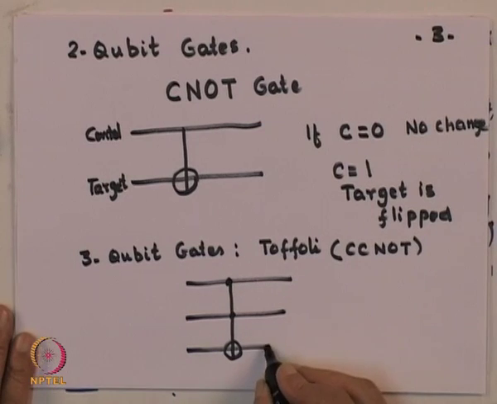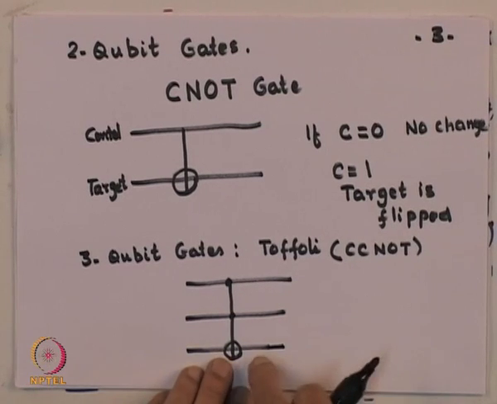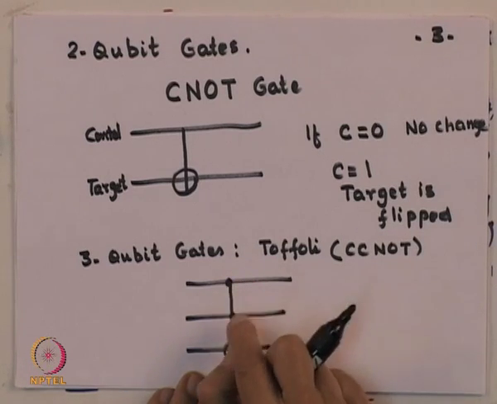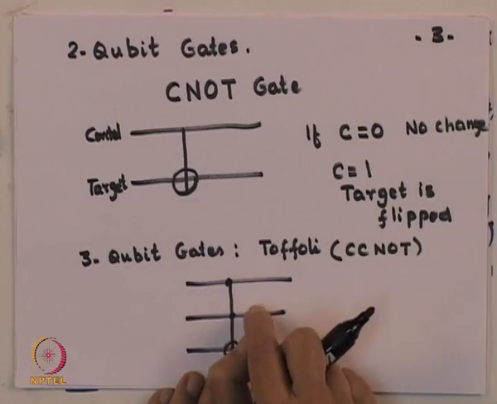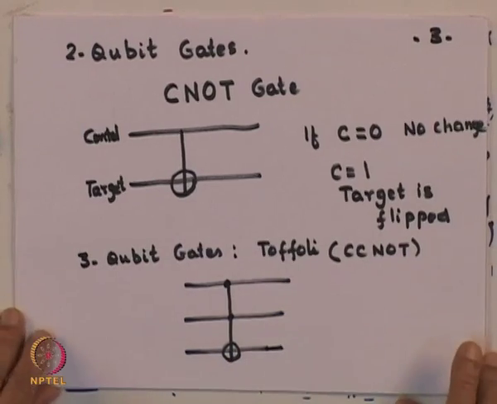So basically, the target bit has two controls. The target bit will be flipped if both this control and that control happen to be equal to 1, and nothing happens to the target bit if one or both of them happen to be equal to 0.